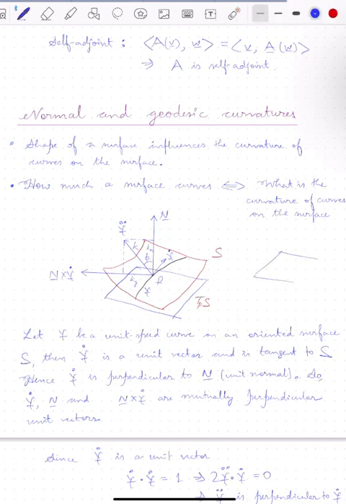So we have this tangent plane, and this is our pi plane. It will pass here. And this is TPS.